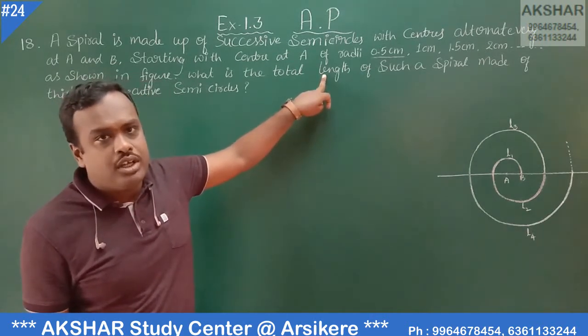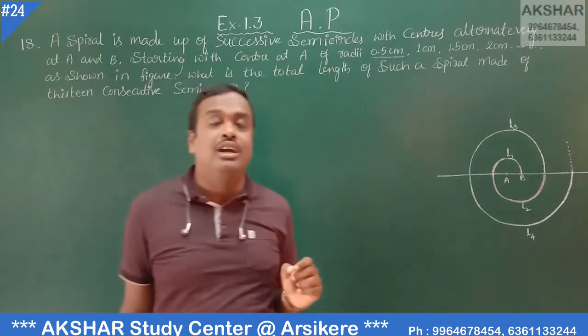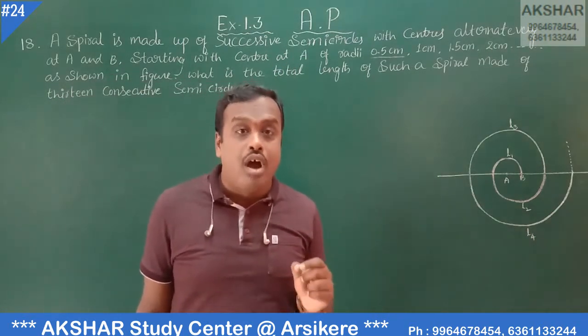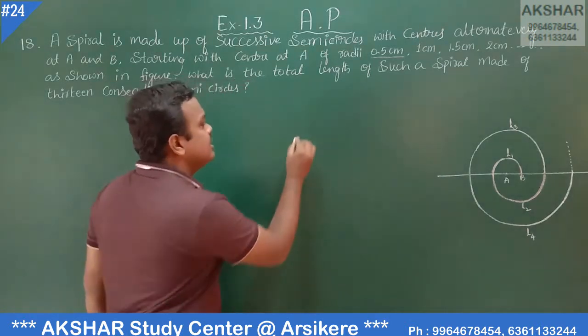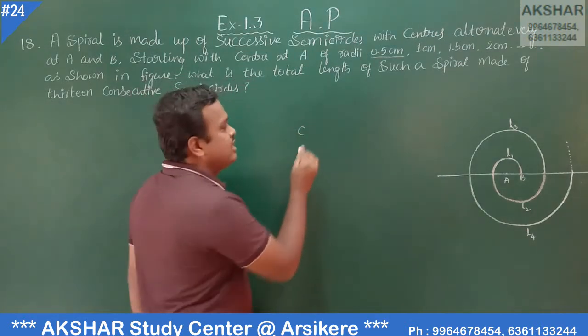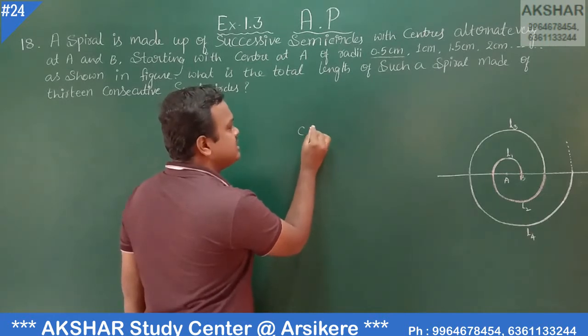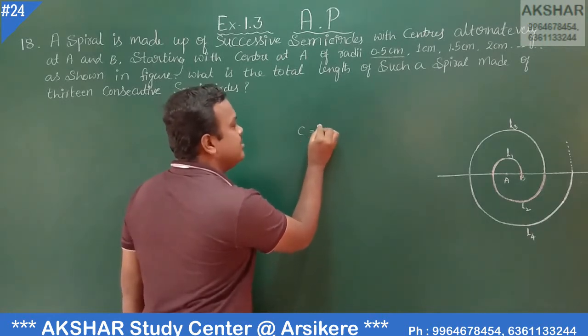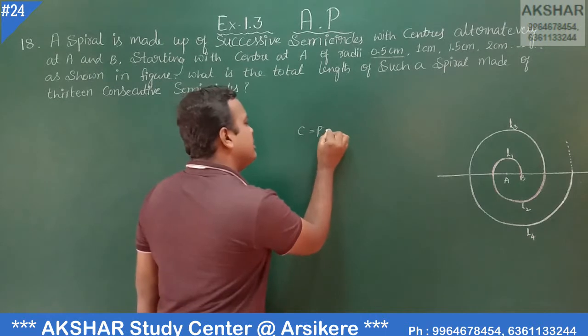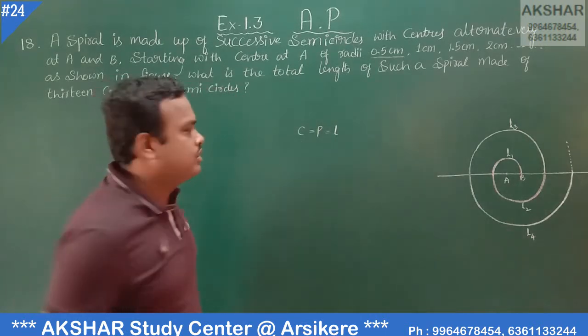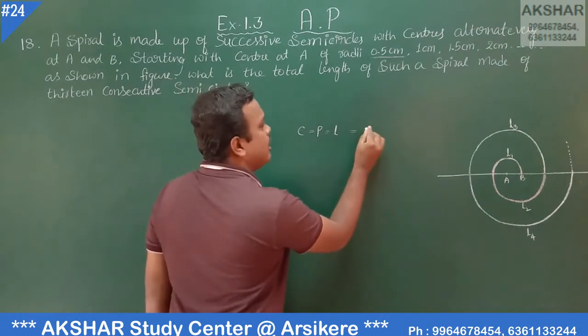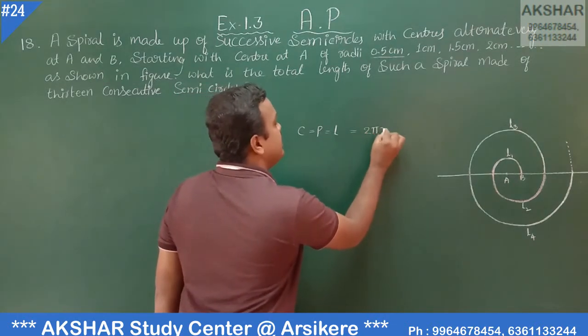You know very well there is a formula for the perimeter or circumference of a circle. We can represent circumference as C, or perimeter of a circle, or length of a circle. All are one and the same. The formula is 2 pi r.